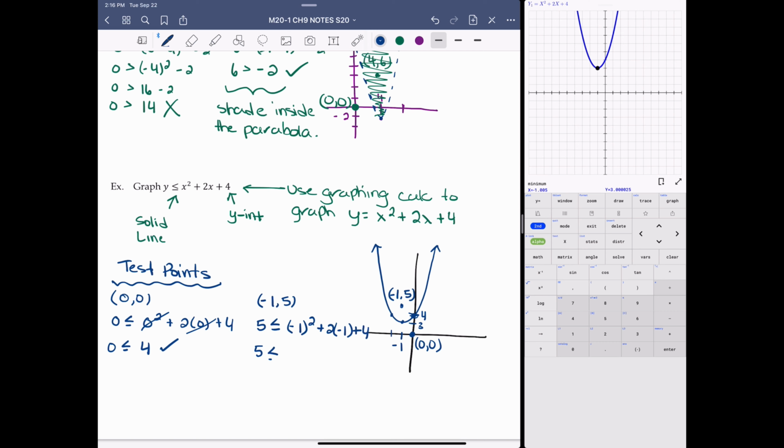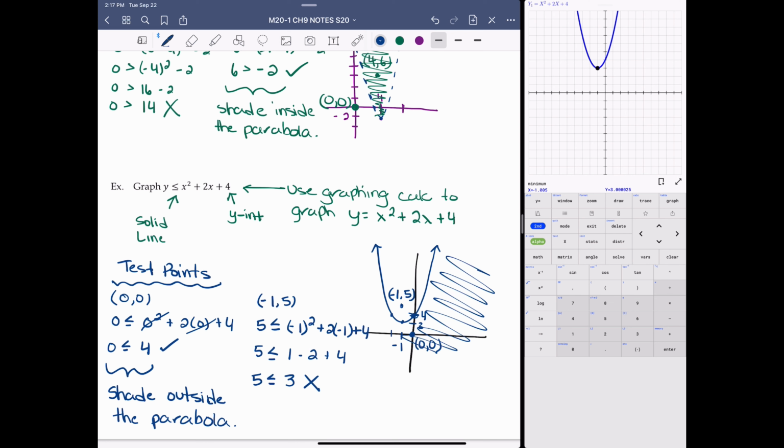Simplifying, -1 squared is 1, 2 times -1 is -2, plus 4. 5 is less than or equal to 3. Is 5 less than or equal to 3? No, it is not. So we see that this says shade outside the parabola. So our solutions are any coordinate points outside that parabola.